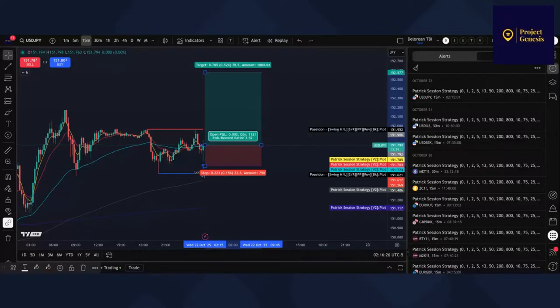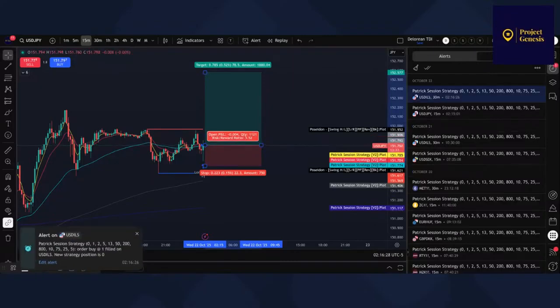Parameters for this. Got another one as well. Come back to that here in a second. USD JPY, that's a 15-minute confirmation market execution buy for a 3.52 risk to reward ratio. Entry price is going to be 151.792.